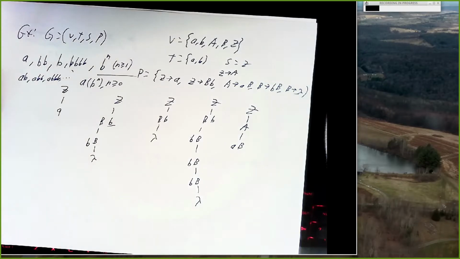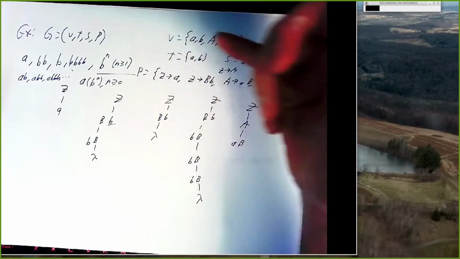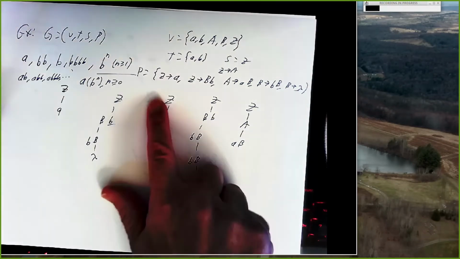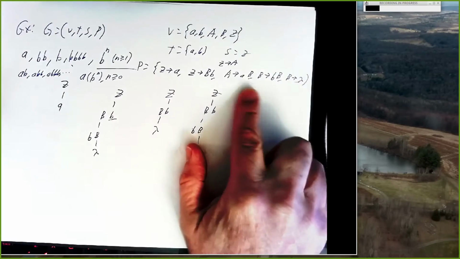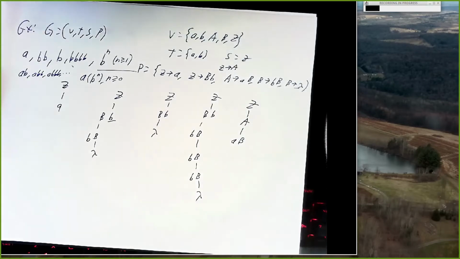And so the analysis part of this is what we're doing right now. We're looking at a phrase structure grammar, vocabulary, terminal, start symbol, and production rules, and we're analyzing it to figure out what are some of the words that are recognized by this language. And it's not a precise process. It's playing around with it. It's looking at the start symbol and seeing what it can turn into, and using these different production rules, trying to cover the space of possibilities, and then hopefully looking for patterns.